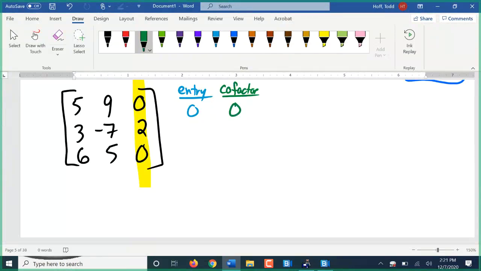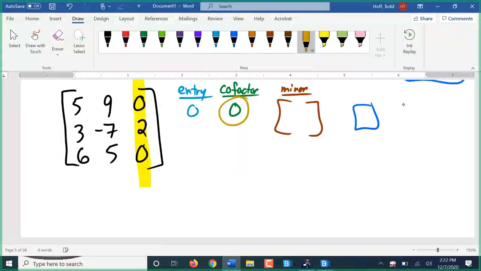So the cofactor of a 0 is always going to be 0, and it doesn't matter what its minor is. I mean, it has a minor, we could find its determinant, but we're going to take that determinant times the cofactor, which is 0. That partial is 0 no matter what, if the entry is 0.